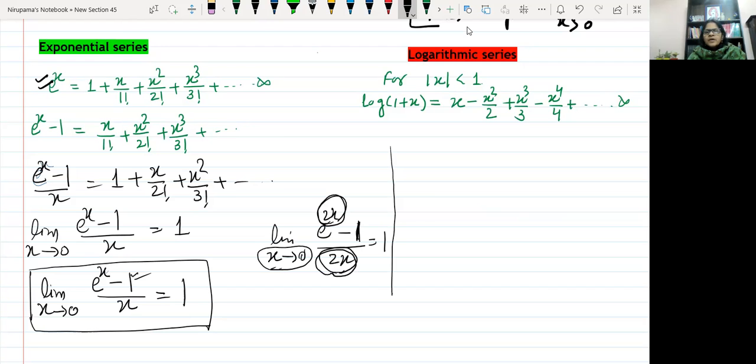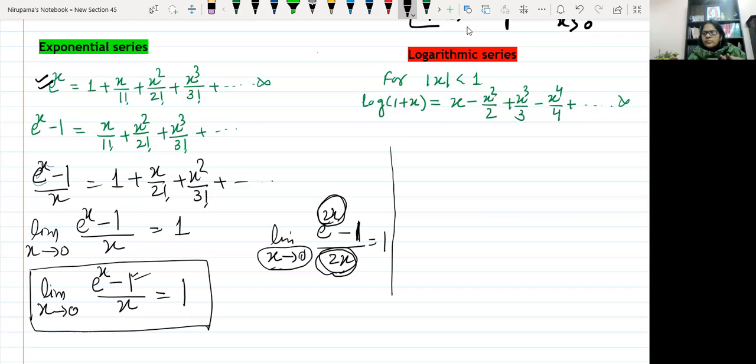Now coming to the logarithmic series, which is also another infinite series: log(1 + x) = x - x²/2 + x³/3 - x⁴/4 and so on. And this series is specifically valid when |x| < 1, x lies between -1 and 1.